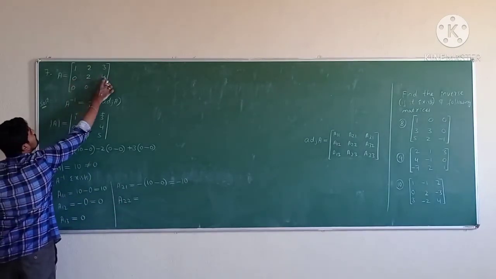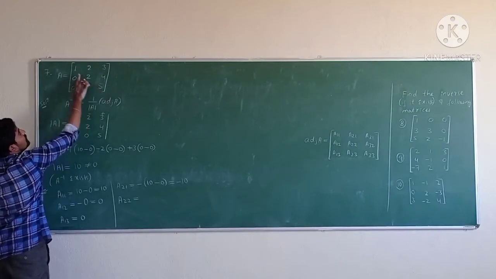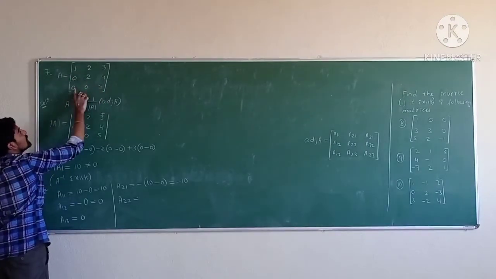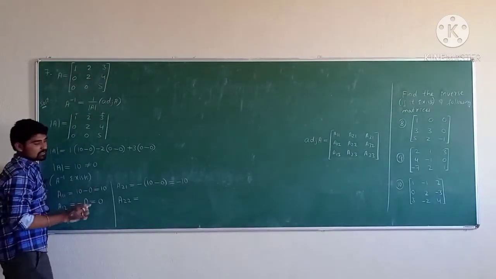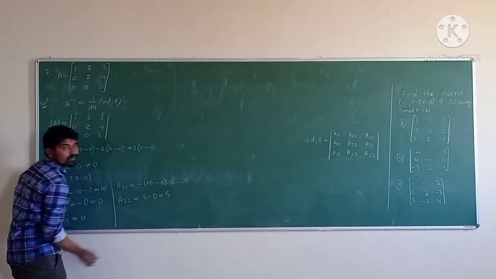After deleting this second row, second column, remaining elements 1, 3, 0, 5, 1 into 5 is 5, minus 0 into 3 is 0, so 5 minus 0, which is equal to 5.